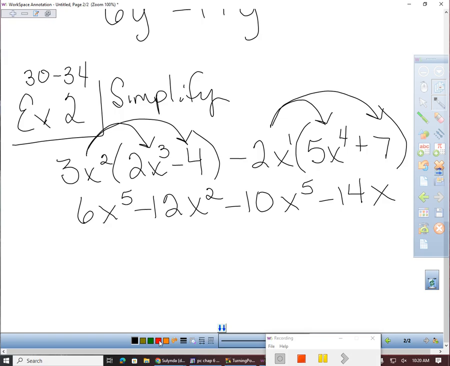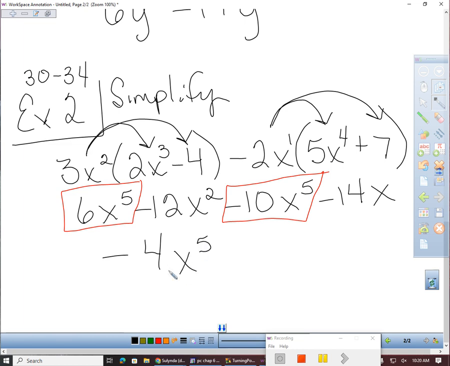Add like terms. I have 6x to the fifth, and I have negative 10x to the fifth. Negative 4x to the fifth. Then my next highest exponent is x squared, so I have minus 12x squared. And then I have minus 14x.